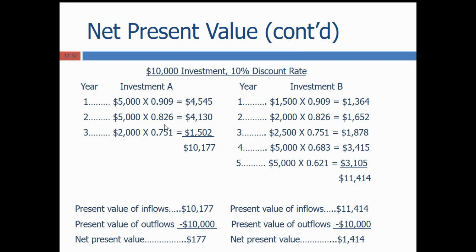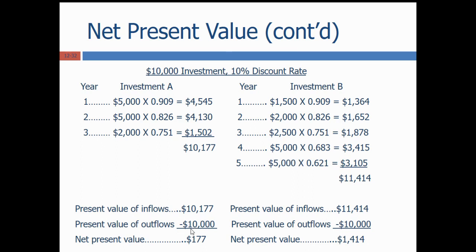You can get this information there. Then the cash flow times the discount rate, you will be getting the present value. Then you minus the present value of the outflow, that's the initial investment. So all these are present value of inflows minus the present value of outflow.